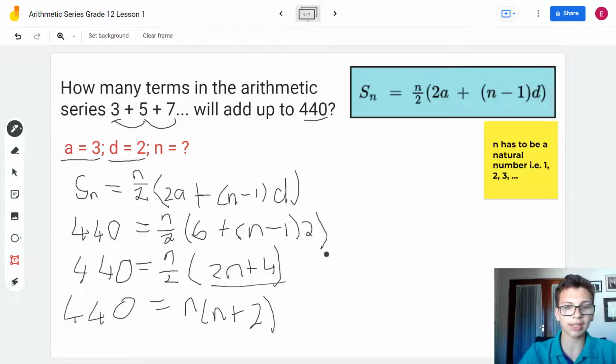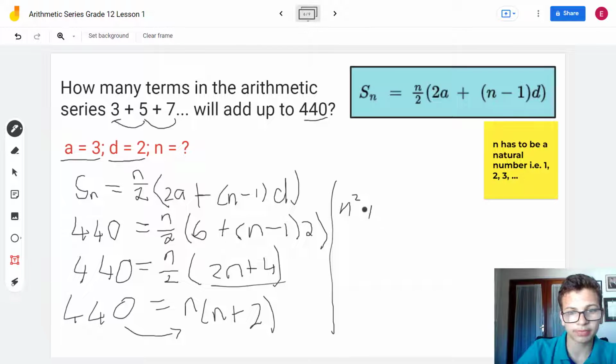Okay, and we can simplify this even further. We want to make it equal to 0, so we're going to take this 440 to the other side. So we get n squared plus 2n minus 440 equals 0.